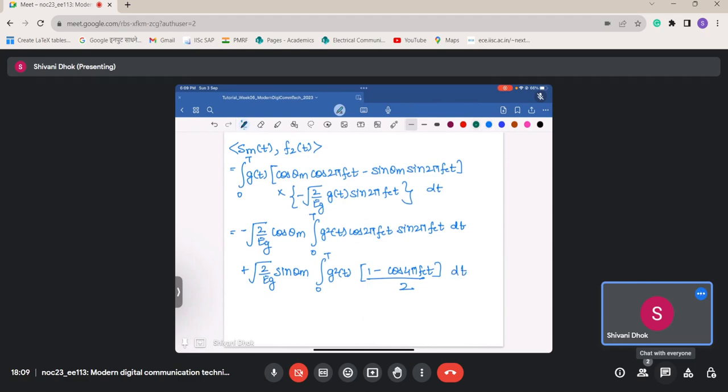So this value is approximately equal to the integral of g square t dt by 2, which is equal to Eg by 2, and again that other term goes to 0, as we have seen earlier. So this is now equal to root 2 by Eg sin theta m multiplied by Eg by 2, which is equal to root of Eg by 2 sin theta m.